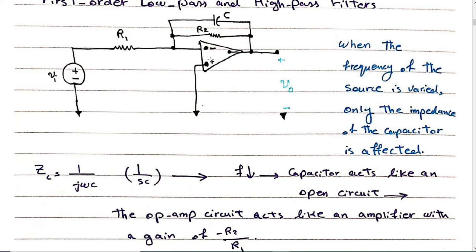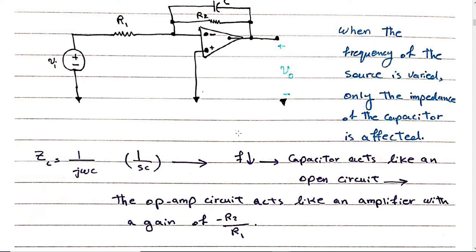What is the gain of this amplifier? Minus R2 over R1. What is the relation between the output voltage and the input voltage for this circuit, which is our transfer function?